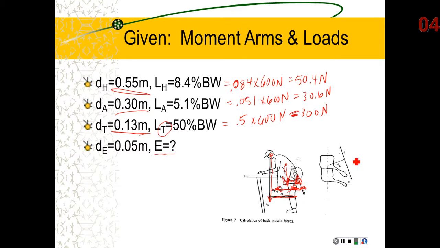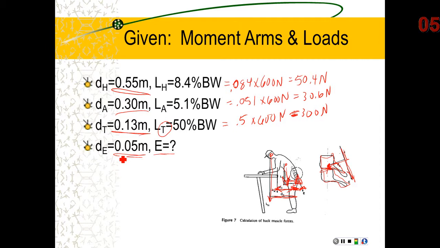And then lastly, the extensor muscle to the center of L5, the fifth lumbar vertebra, and this would be the first sacral vertebra. The distance between the center of that joint out to the extensor muscle operating behind the spine is 0.05 meters.